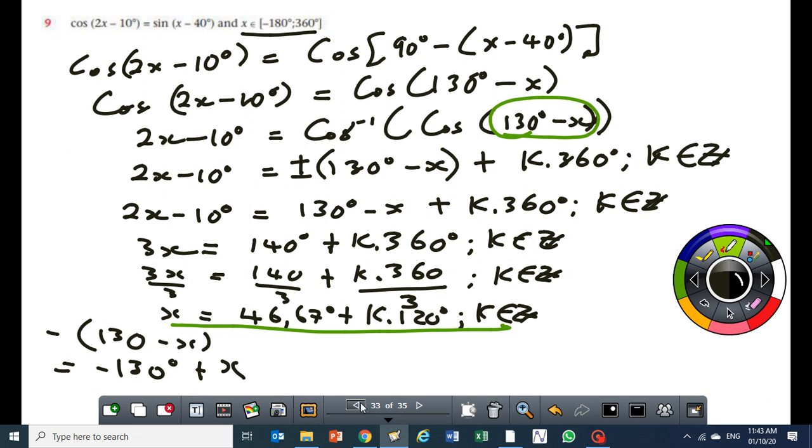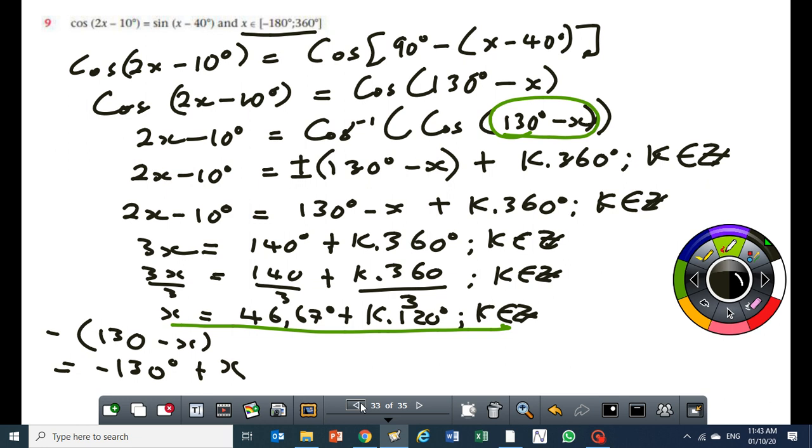Okay, we don't want that because it's less than minus 180. We don't want that. So it means we just have to stop at k equal to minus 2. No need to substitute k equal to minus 3. Okay? And so k equal to minus 3 and k equal to plus 3, because you get a value which is below minus 180 and above 360. So we are done with this general solution.